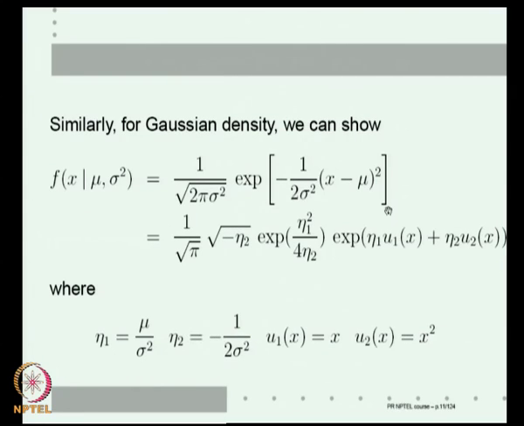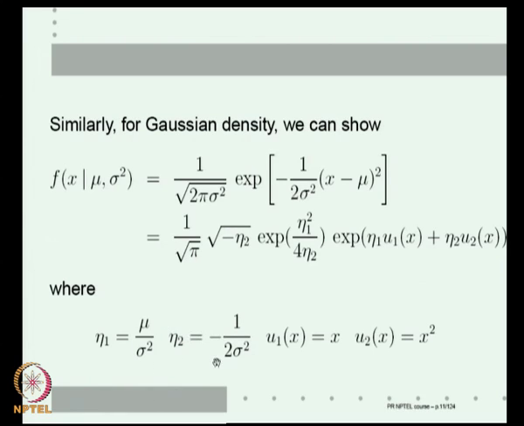As another example, Gaussian density can also be expressed in this form. I have skipped the algebra. Algebra is quite straightforward, so you can complete the algebra. This is the standard Gaussian density, 1 by root 2 pi sigma square, exponential of minus 1 by 2 sigma square into x minus mu whole square. It can be expressed like this, where the natural parameterization becomes eta 1 and eta 2, there are two parameters now, just like mu and sigma, now they become two parameters.